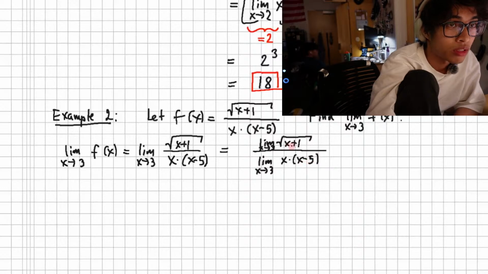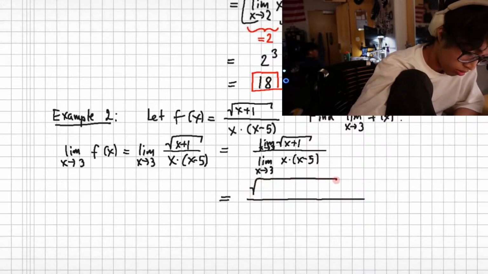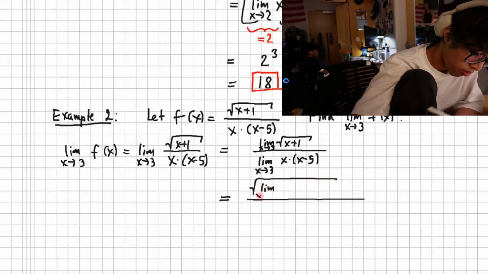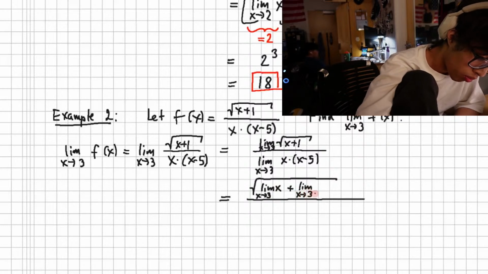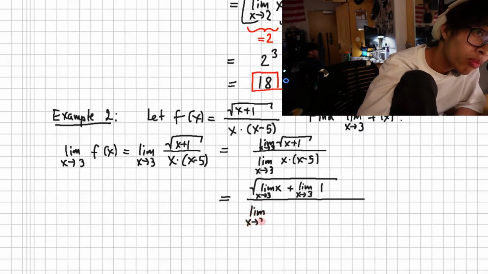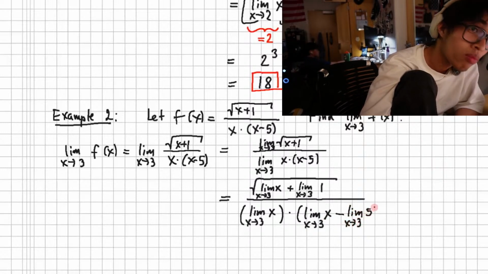Furthermore, inside we have a sum expression, the square root of the limit as x approaches 3 of x plus the limit as x approaches 3 of 1, over the limit as x approaches 3 of x times, and then here we have a difference, so this will be the limit as x approaches 3 of x minus the limit as x approaches 3 of 5.